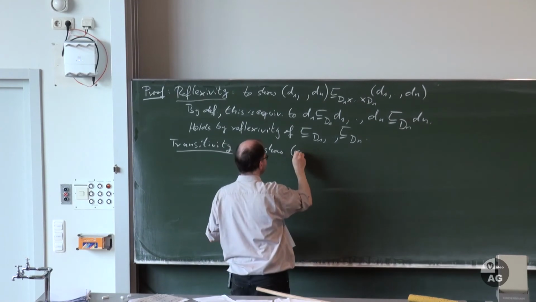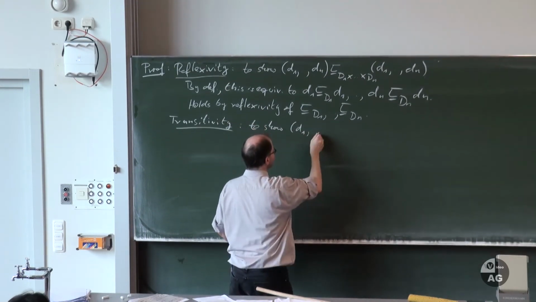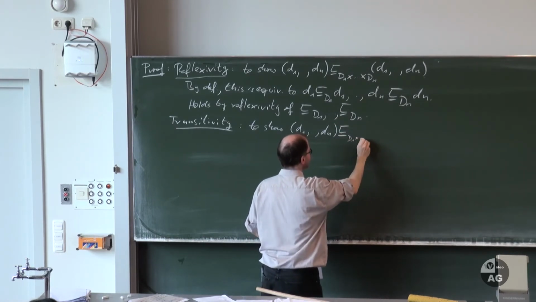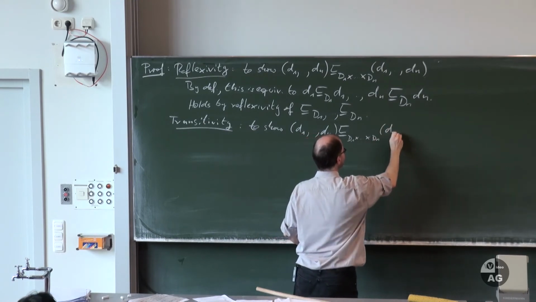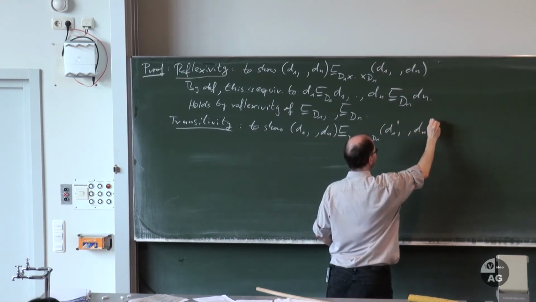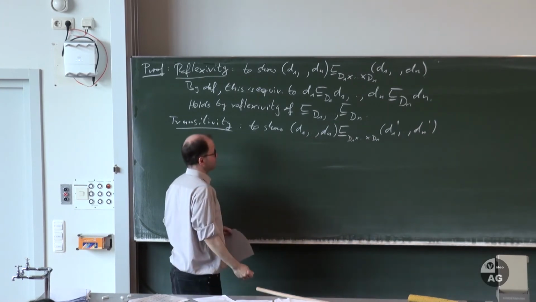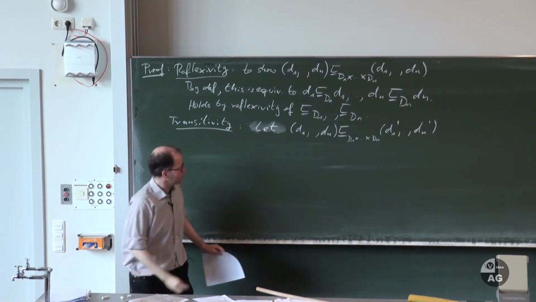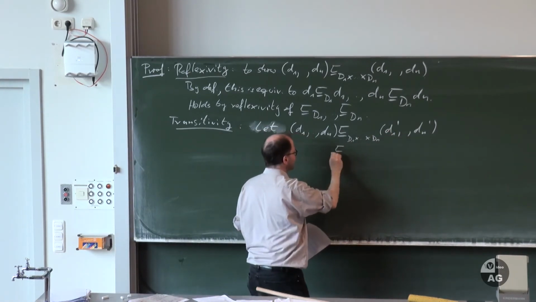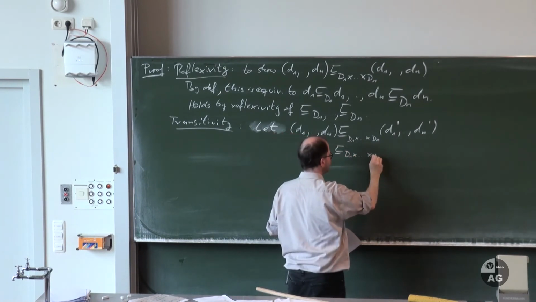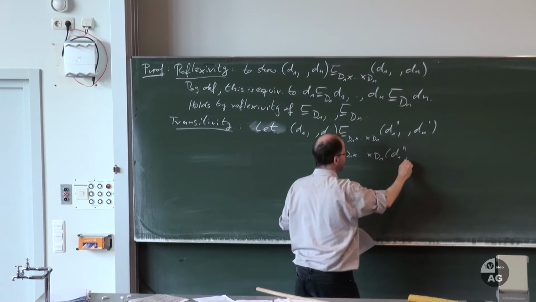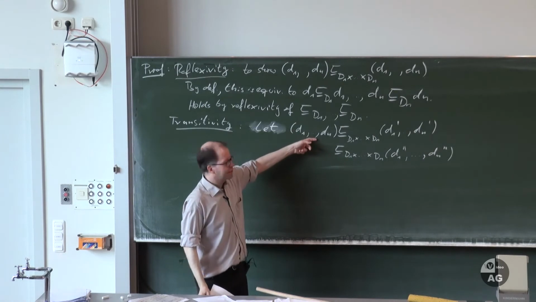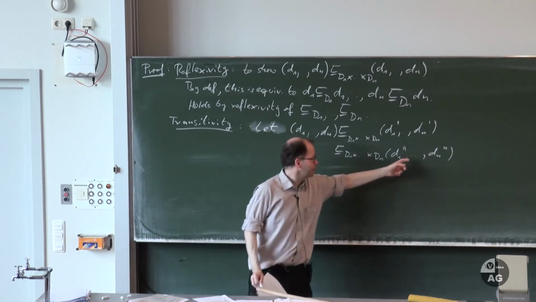Let d1 to dn be less defined or equal to d1 prime to dn prime, and moreover, this prime tuple is less defined or equal to d1 double prime up to dn double prime. And what we want to show is that then this first tuple is also less defined or equal to this last tuple.